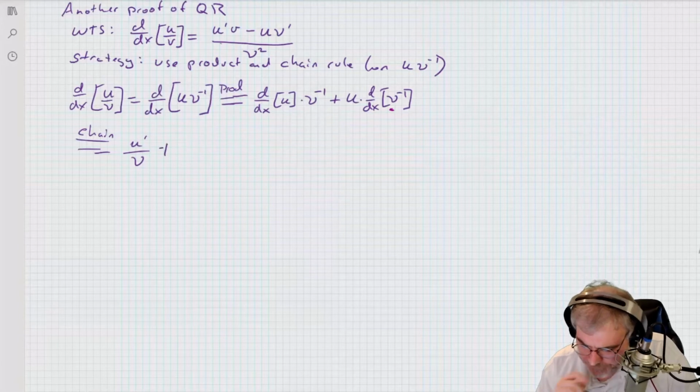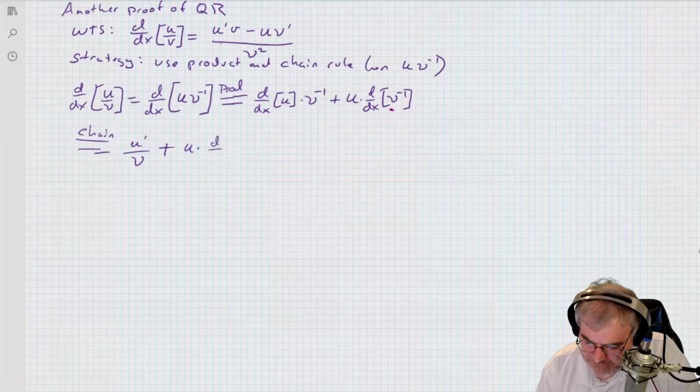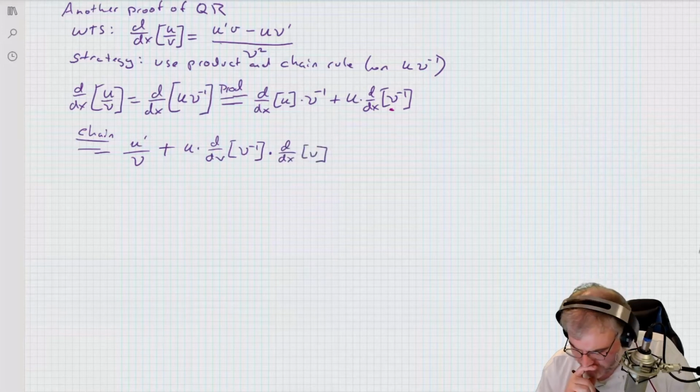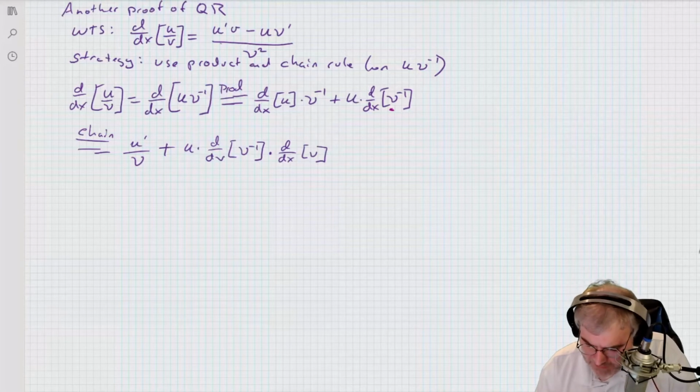Plus, and I should have said take a common denominator in my strategy, u times the derivative here, which needs to be d over dv of v to the negative 1. Here's the chain, times d over dx of v. That's the chain.